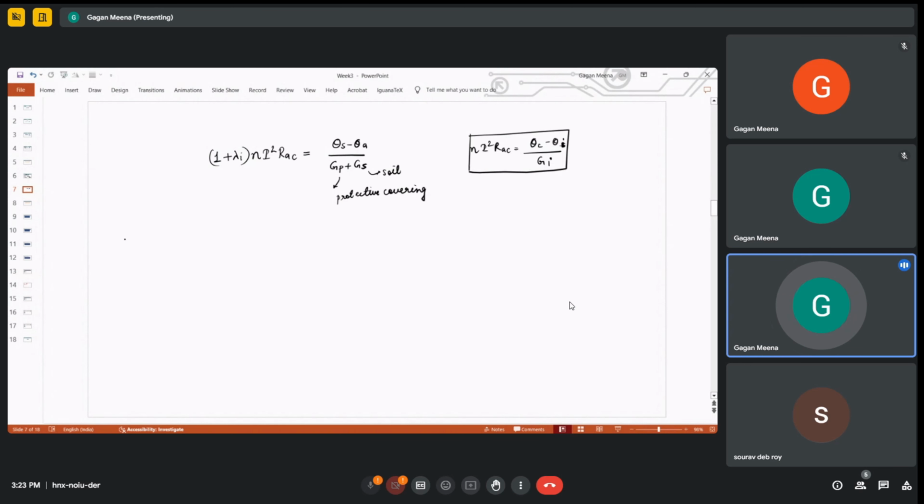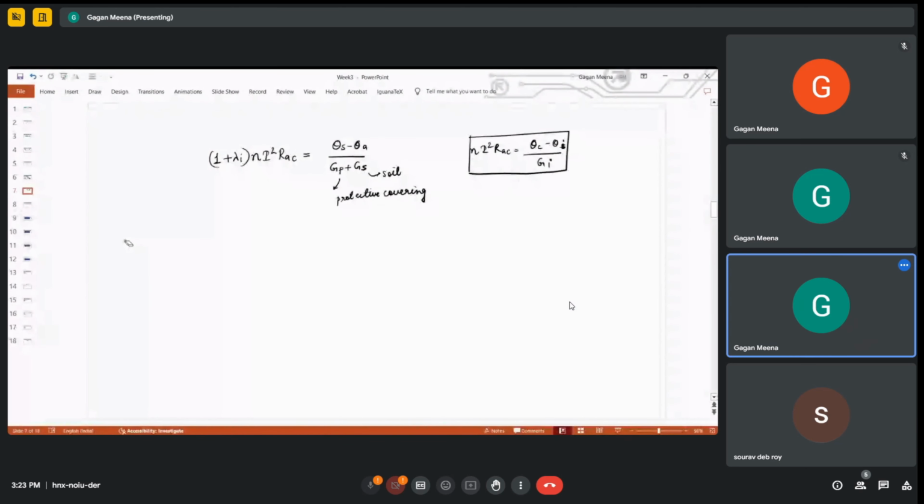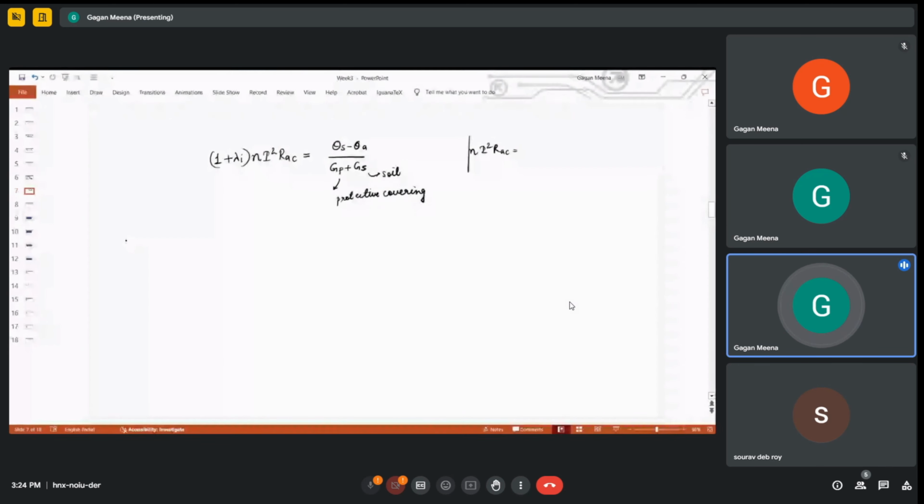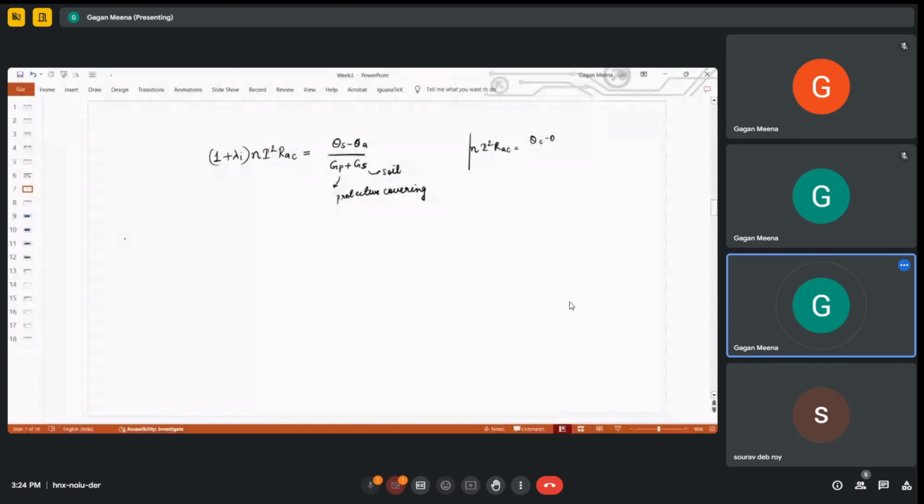So this entire loss, if we consider only the conductor loss, has to pass through the protective covering as well as the soil. So this is theta C minus theta S by GI, and this is theta S minus theta A by GP plus GS.